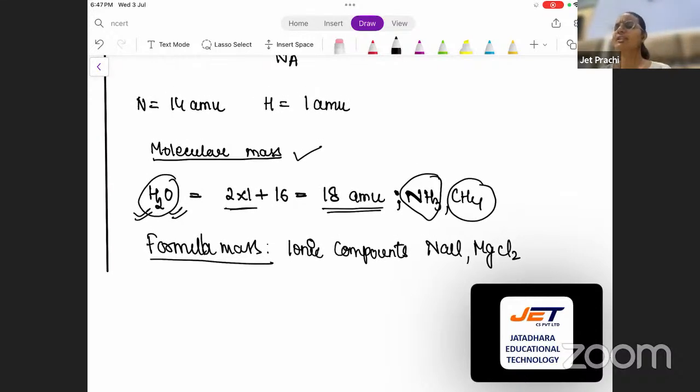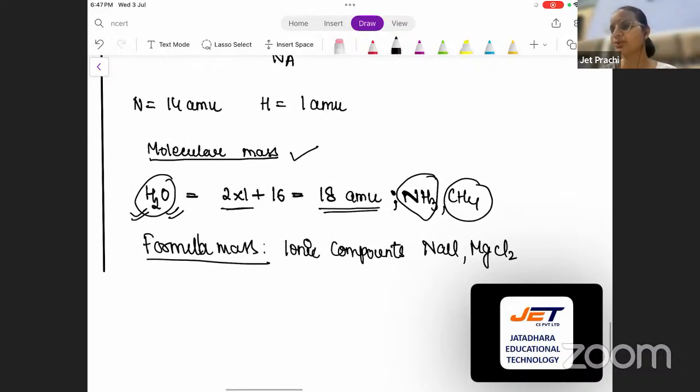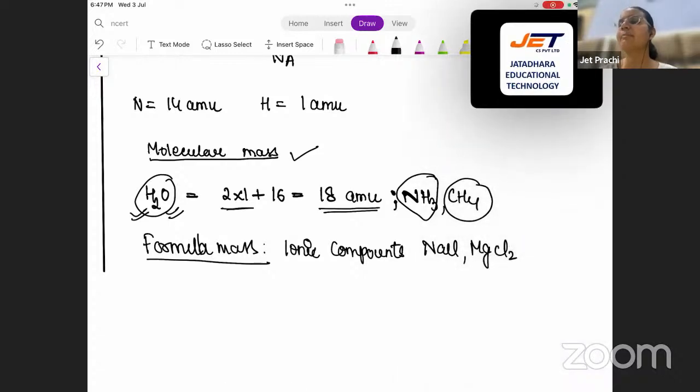Now, let's suppose I have ionic compounds, for example NaCl or MgCl2. In that case, what we have found out is the formula mass. So for 1 unit, the word that we are using is formula mass.